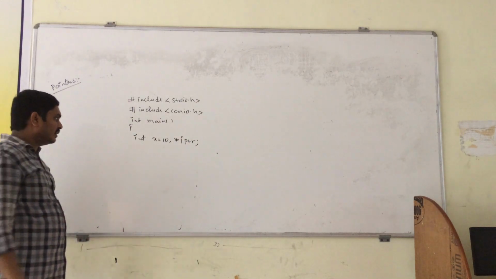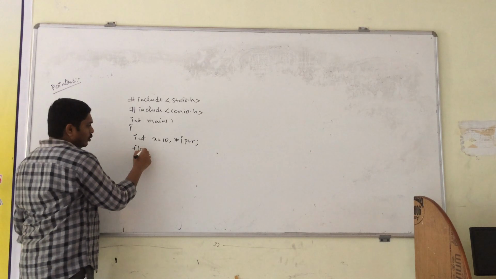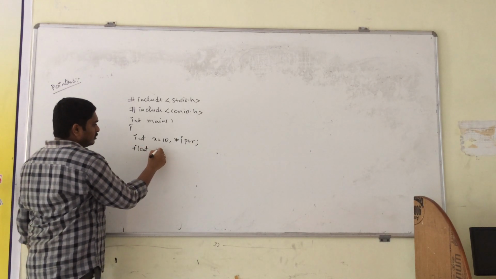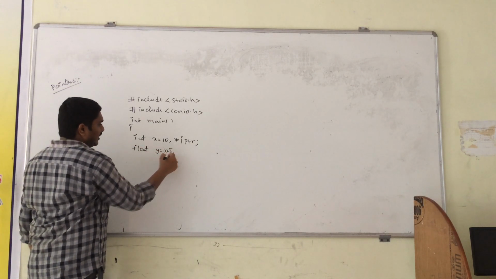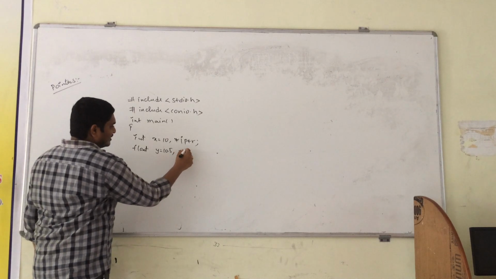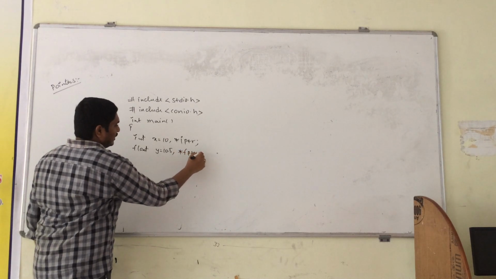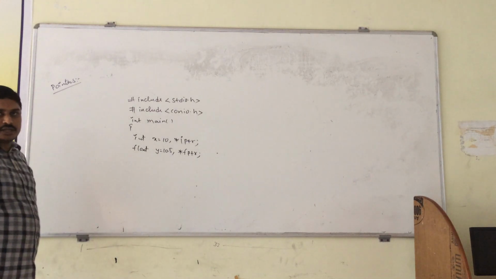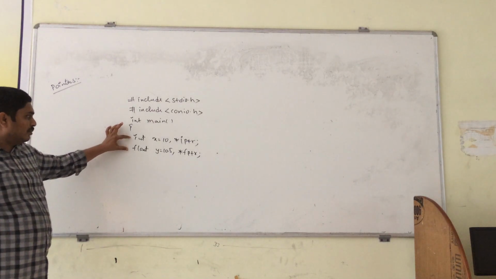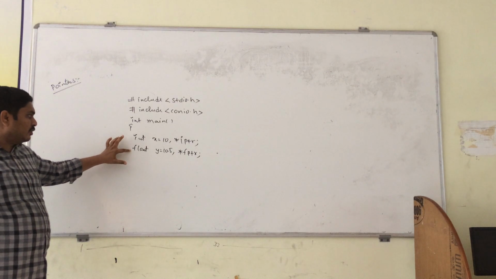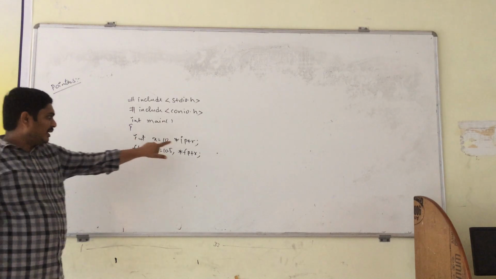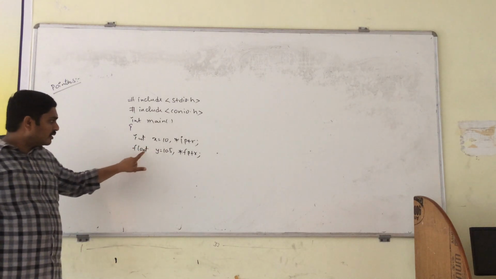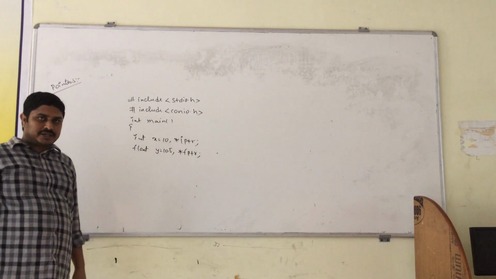Again I am taking a float value: float y = 10.5, *fptr. fptr means float pointer. So I am taking two variables, an integer variable and a float variable. For the integer variable I take the integer pointer, and for the float variable I am taking the float pointer.